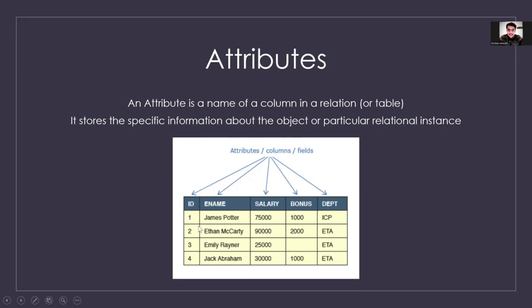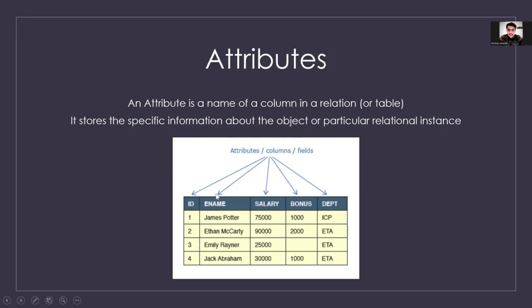For a particular relational instance, if I consider the second relational instance, the ID is 2, the name is Ethan McCarthy, salary is 90,000, bonus 2,000, and department ETA. This is single information about an object.